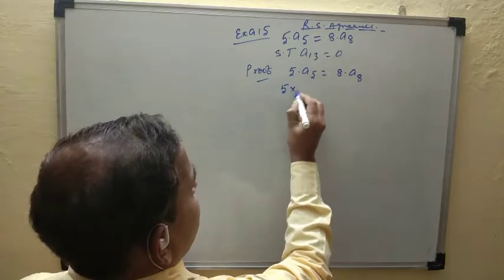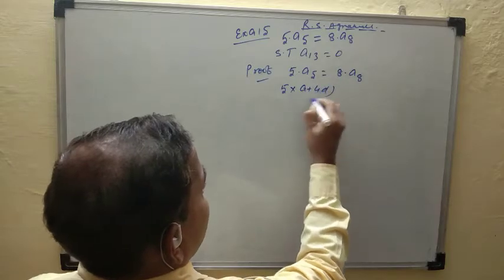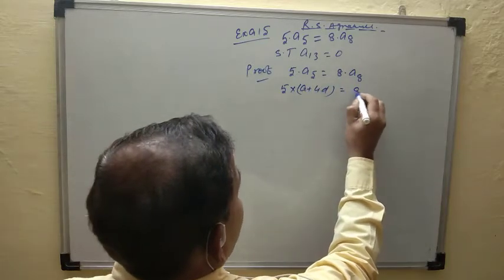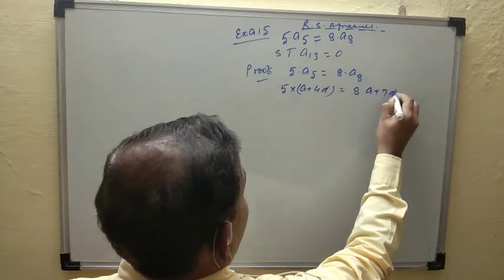So 5 into A5, that is A plus 4D, is equal to 8 into A8. A8 means A plus 7D.